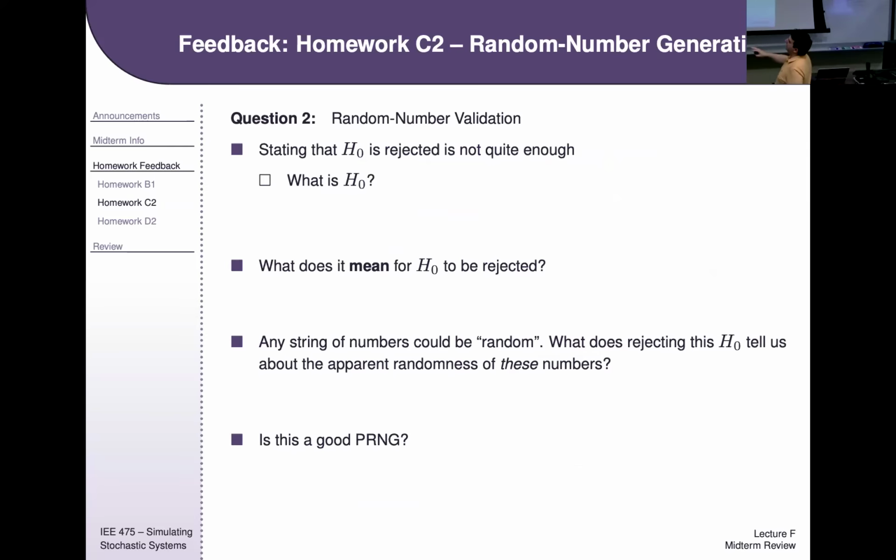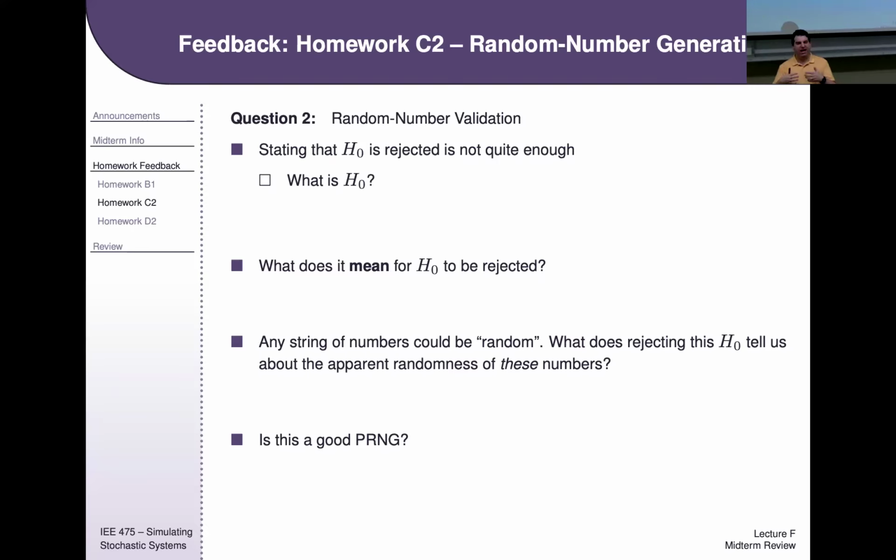Now, interpreting these tests, at the end of this question, is how it's graded. When you see that you get a statistical value that's greater than the critical value, you want to make sure you actually say something more than just that the hypothesis is rejected. You want to know that when the hypothesis is rejected for a chi-squared test or a KS test of uniformity, that means that the numbers are non-uniform.